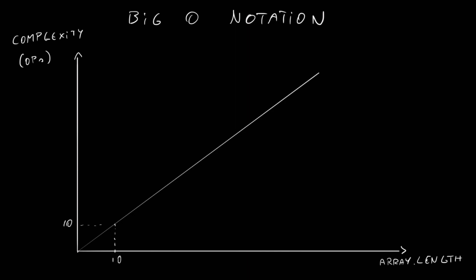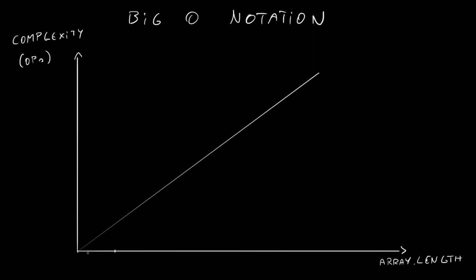We're going to do 10 squared. So now for 10 elements, we're going to do 100, right? So we're actually going to do this here. And if we have 20, we're going to do 20 squared. So we're going to go way up there, right? I will change the scale here a little bit. I will get rid of these 10s.